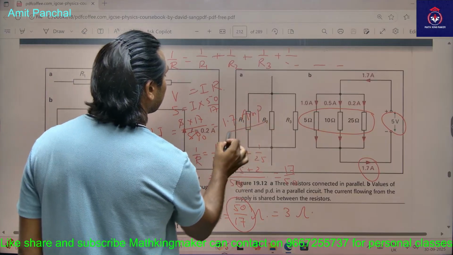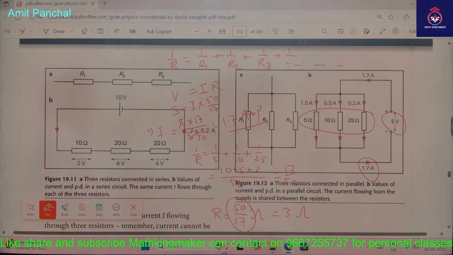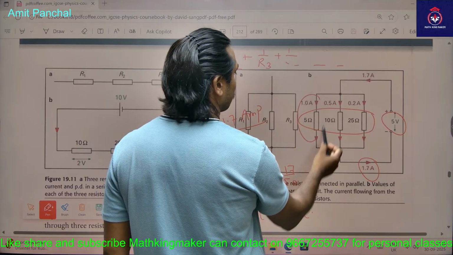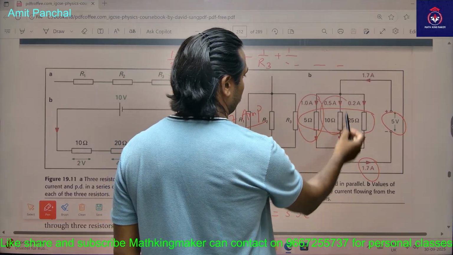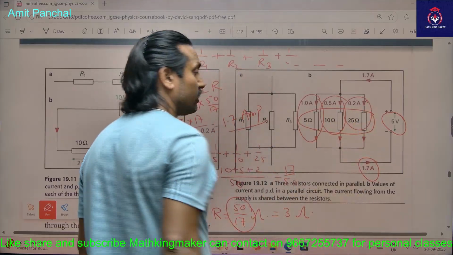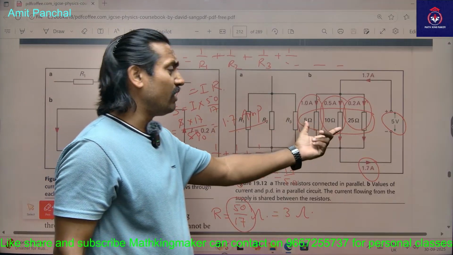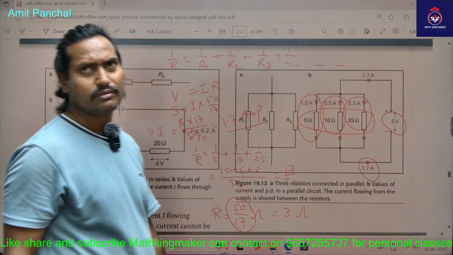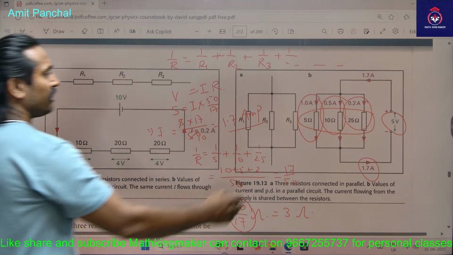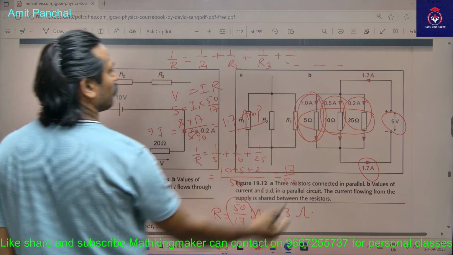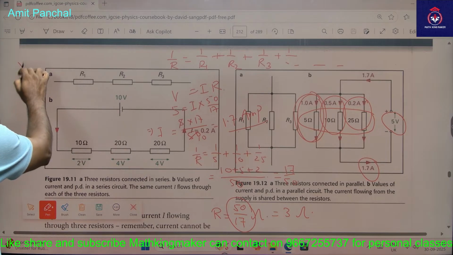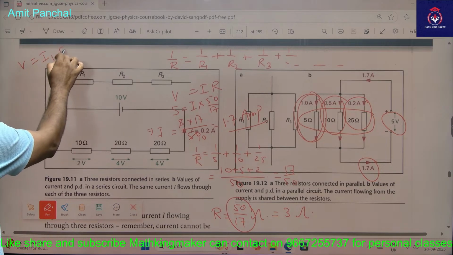Now how are you going to find how much current is flowing into this resistance, this resistance and this resistance? Current will be divided. Why will it be divided? Because it's a parallel combination. Let us think about the first one. What will be the voltage? Voltage remains the same. So V is equal to I1 R1.